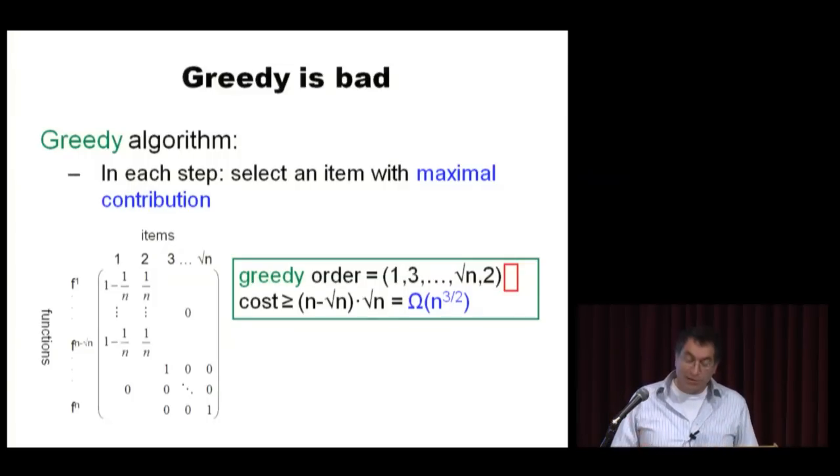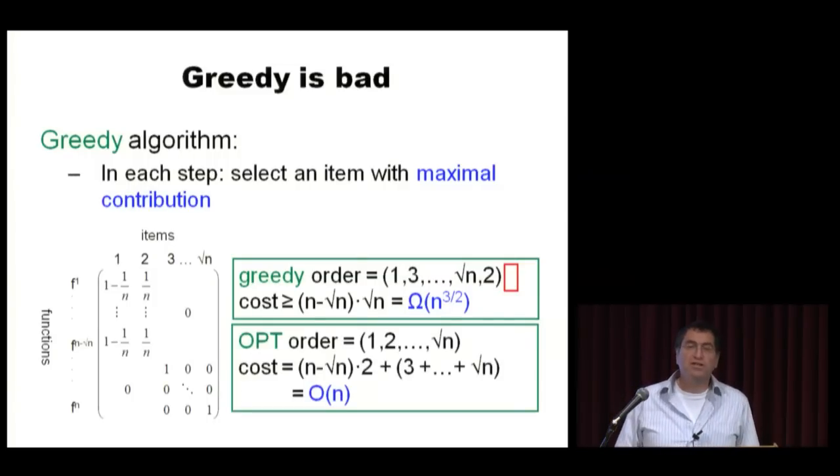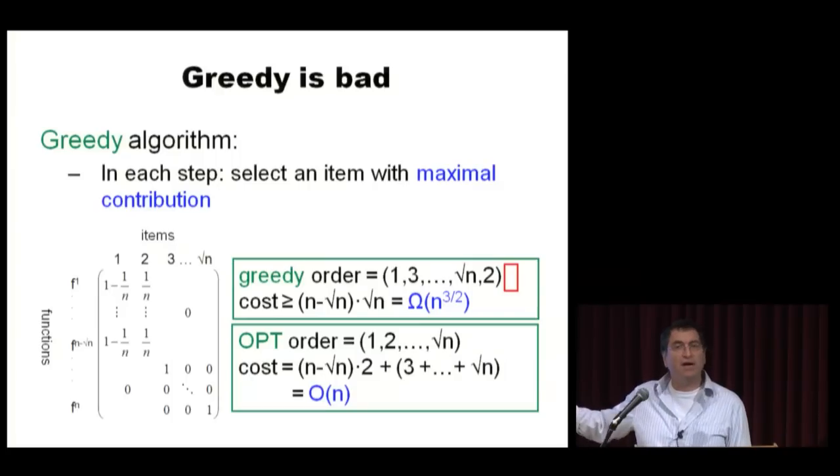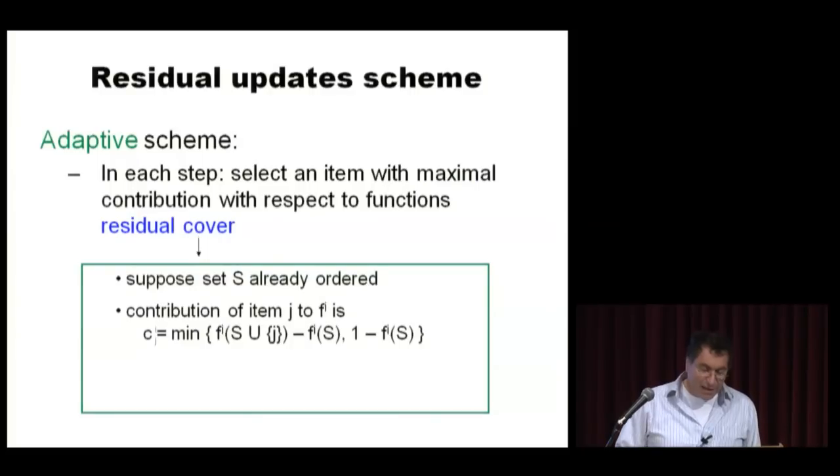Therefore, it will take n to the 3/2, while the optimum order is, of course, to use 1 and 2, and then many users are happy after 2 steps. All the other users are happy later, and that will give you n times. Therefore, greedy is bad, which we heard several times today, so we need to do something else.